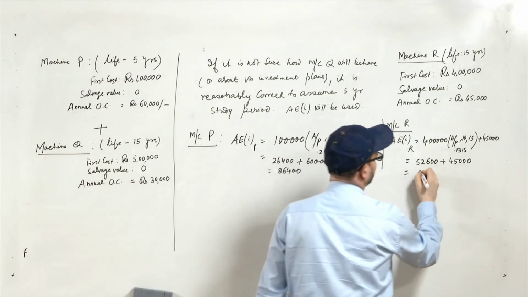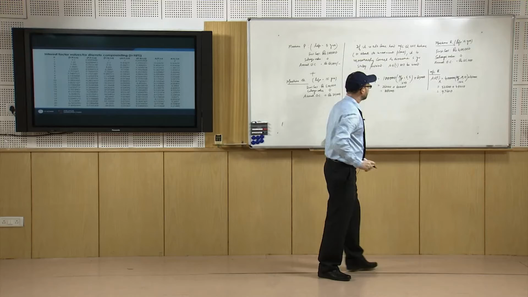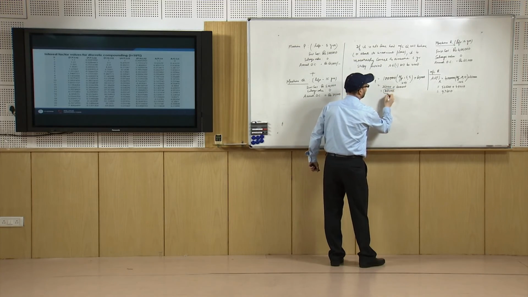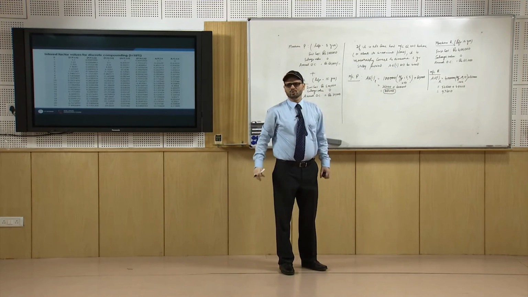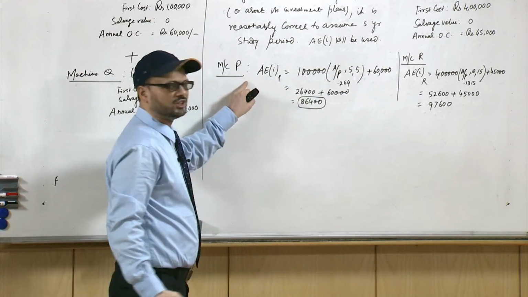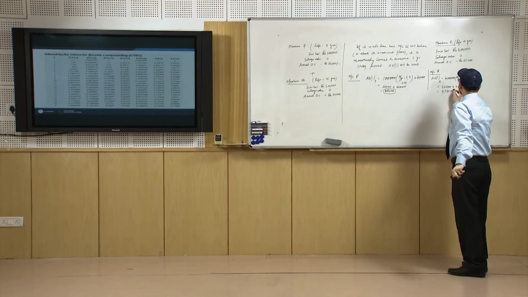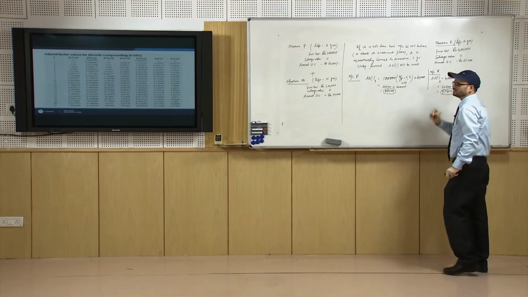So, it will be 97,600. Now, what we see using the 5 years approach is that 86,400 is the annual equivalent value for machine P, and for machine R you have 97,600.